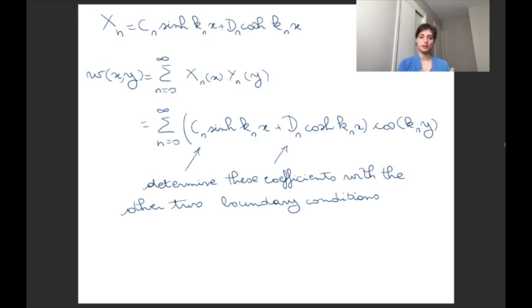That is cosine k and y, that is the only part that depends on y, times a linear combination of hyperbolic sine computed at k and x and hyperbolic cosine computed at k and x. And we can determine the coefficients of this sum with the other two boundary conditions that we have in the w case. So the non-trivial boundary conditions are the vertical edges of our rectangle.